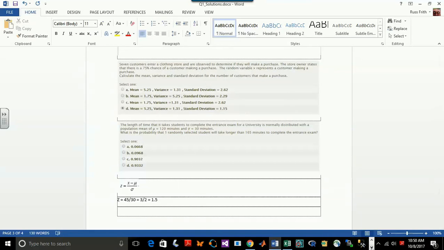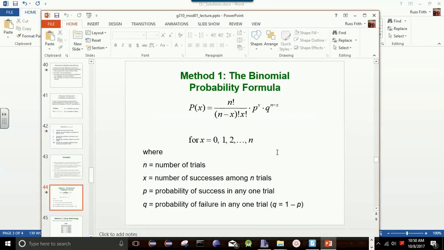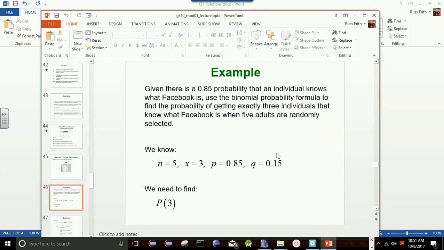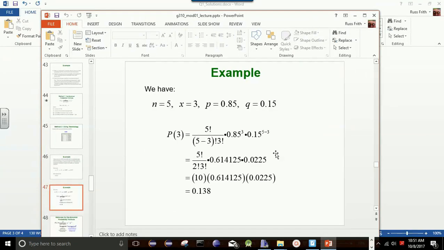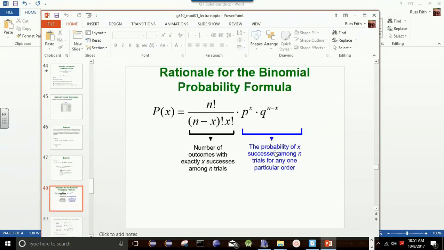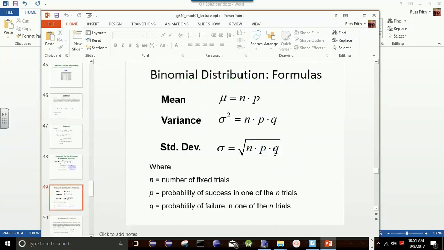If we go back to the PowerPoint slides, we're given the formulas for mean, variance, and standard deviation of a binomial distribution, on slide 49. The mean is just the number of experiments, 7 in this case, times the probability of success.